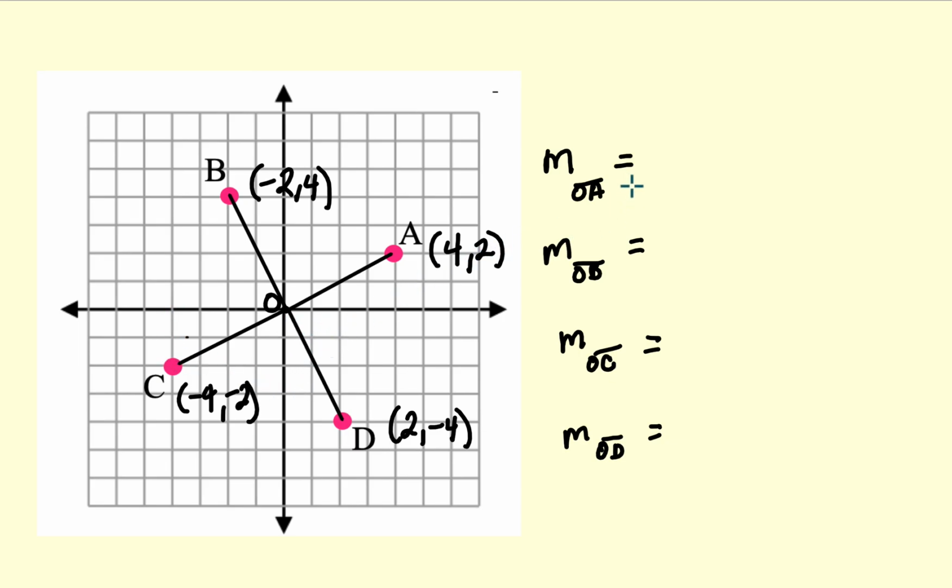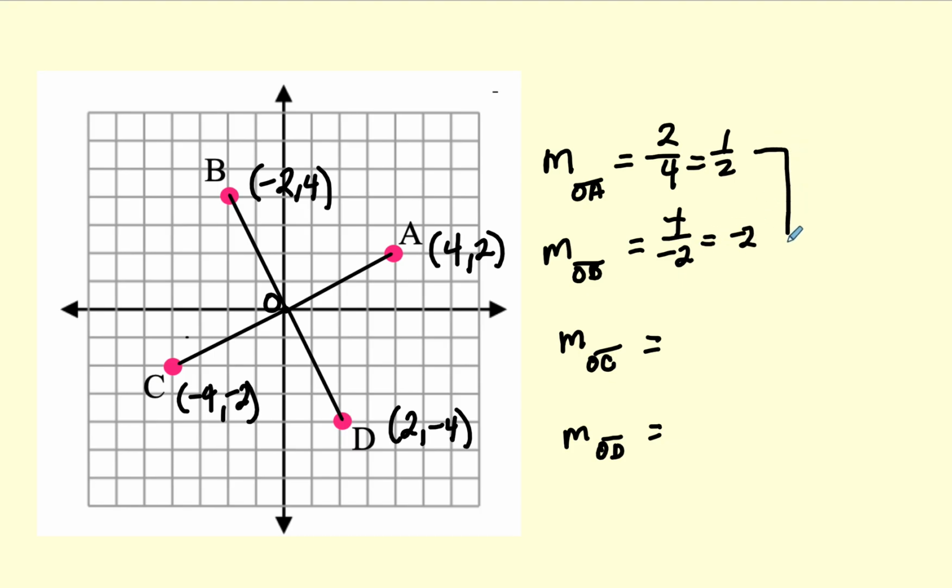Let's take a look at their slope to see how they're positioned in the coordinate plane. So we are going to go up 2 units and then over 4. So this has a slope of 1/2. This is a slope of 1/2. This one is up 4, but we're going to go over 2, so this is going to be -2.